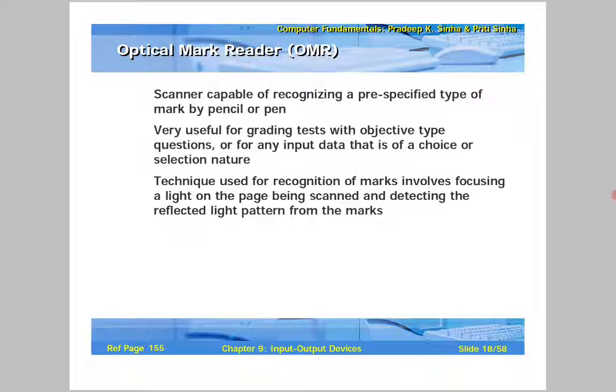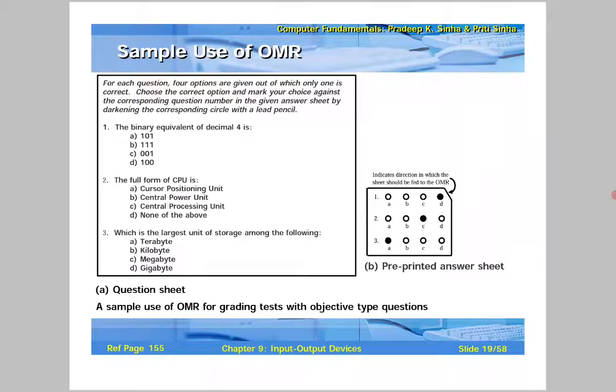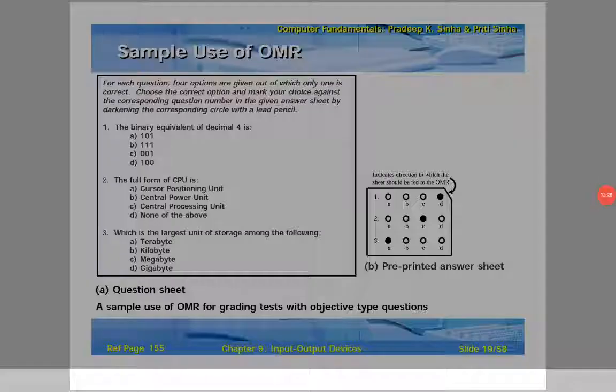OMR readers or devices are used to recognize these symbols placed exactly on specific positions, and by reading these marks they can process the data. Examples of OMR are competitive examinations, pre-printed answer sheets or pre-printed surveys.